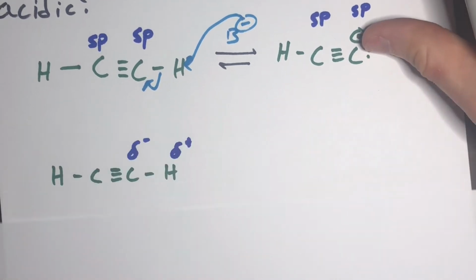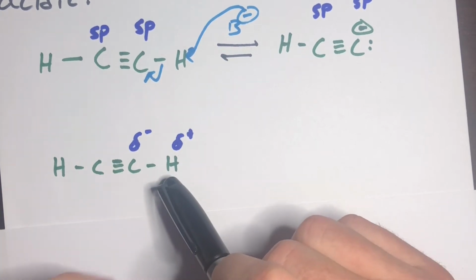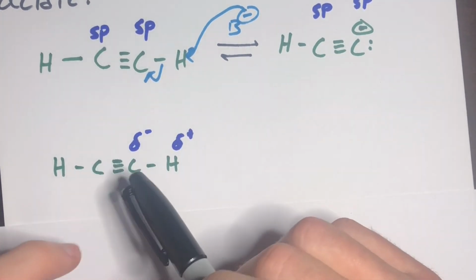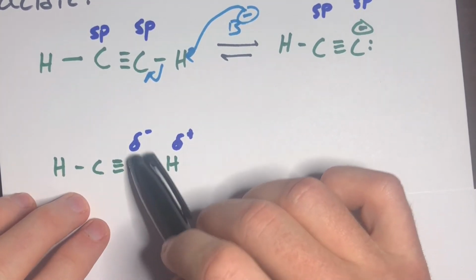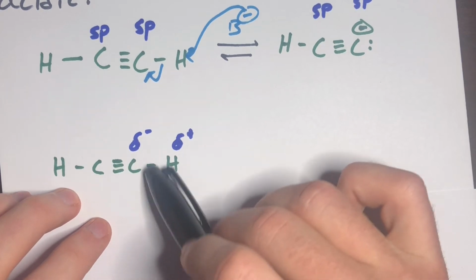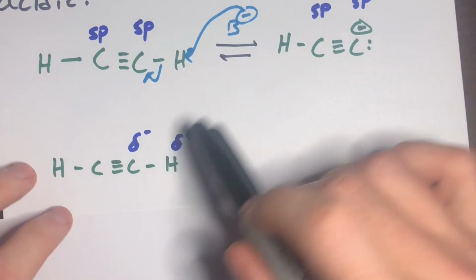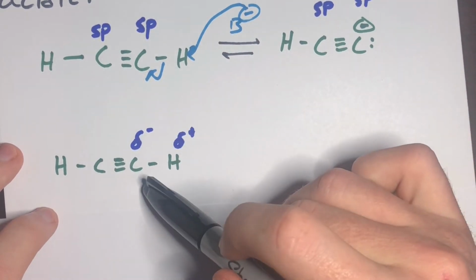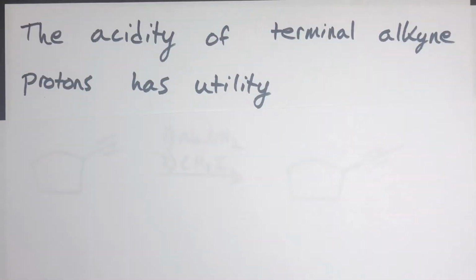You can think of this kind of like there is a dipole here between the carbon and the hydrogen, similarly to if there was an oxygen or some other electronegative atom. Due to the nature of this carbon-carbon triple bond, the sp orbitals, this carbon becomes somewhat electronegative, causing this dipole, which then explains why a base could abstract it, and it also explains the stabilization of the conjugate base.